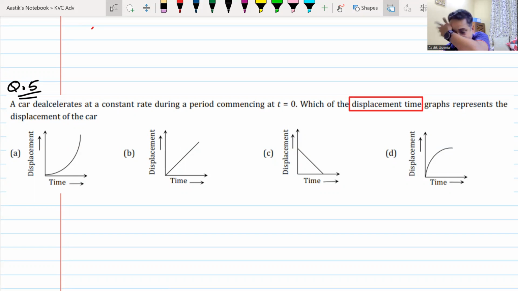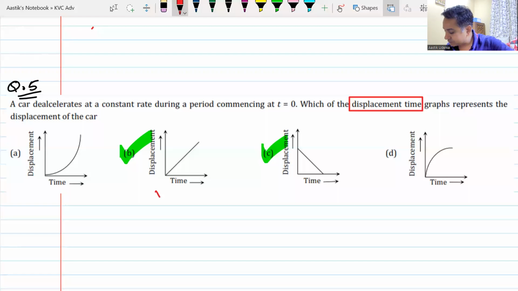Okay. Now look at graphs B and C. The displacement time graph is a straight line. Yes or no? That means the velocity here is constant. Do we understand this?